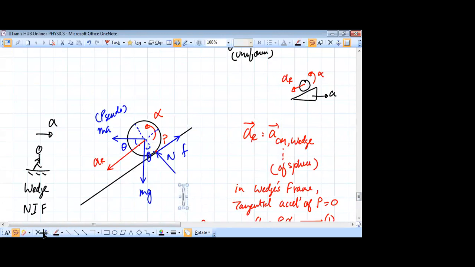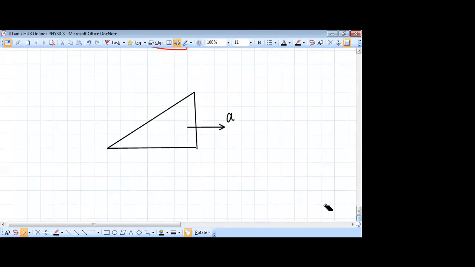Sorry guys, tech goof up. So this sphere is having an acceleration relative to this now, like this.